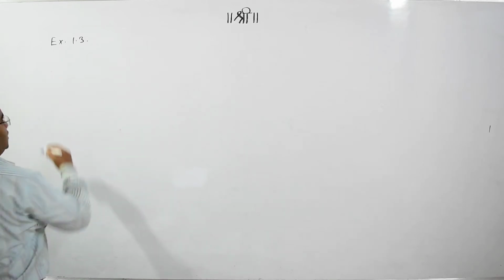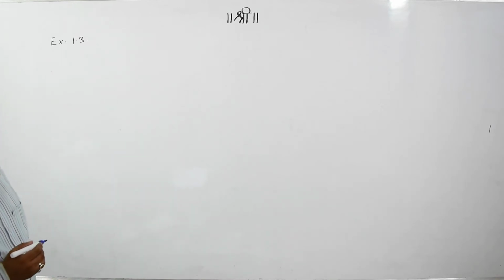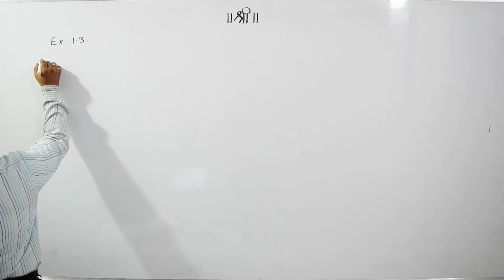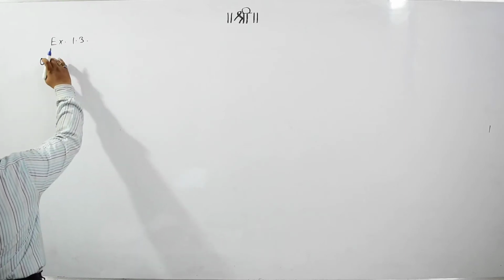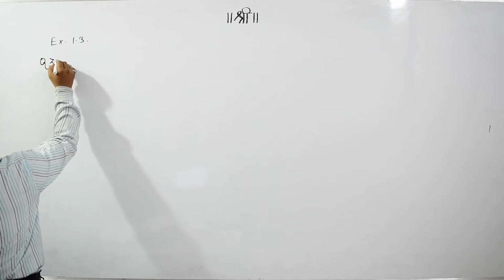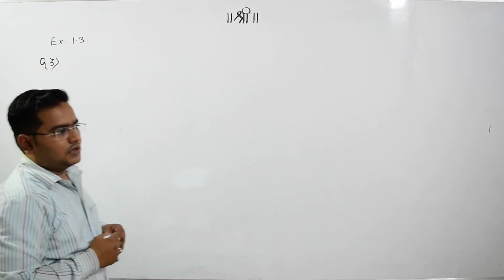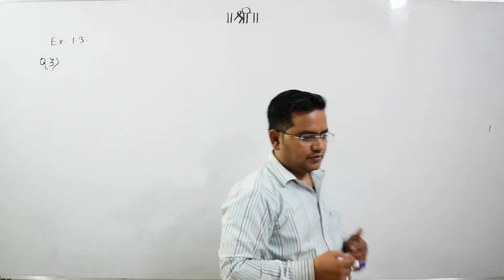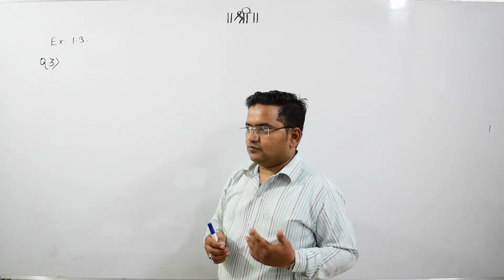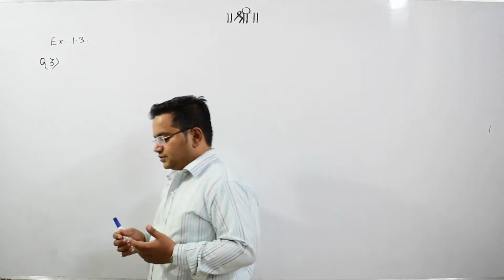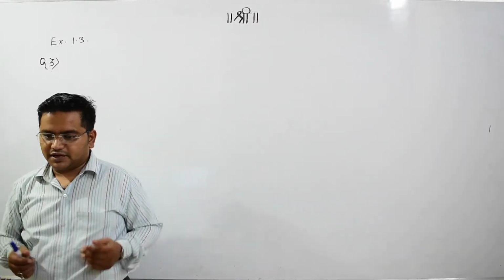Question number 3. Within the question number 3, we have to find out a few parameters. A few parameters means we need to make the negation of a few quantities. Now in terms of negation, if you make the negation of and, what would that be? And if you make a negation of if and only if, what would that be?